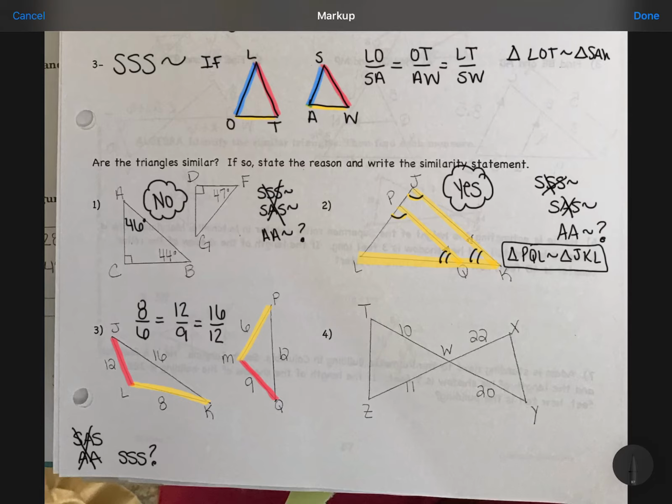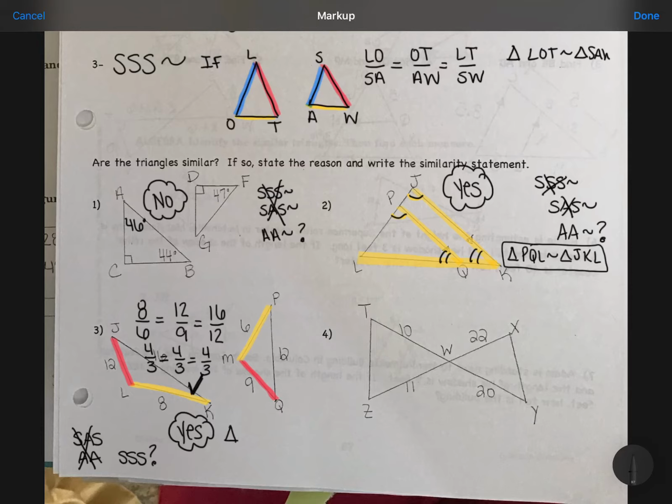You can use a calculator to reduce the fraction, or you can just use mental math, which I'm going to do real quick. 8/6 reduces to 4/3. 12/9 reduces to 4/3. 16/12 reduces to 4/3. And because those are all the same, we have similar triangles because of side, side, side. So yes, they are similar.